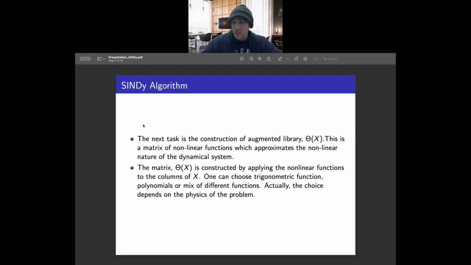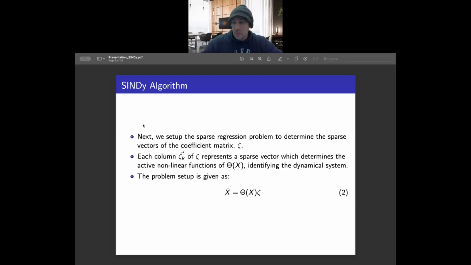Once you have decided the library, since we have already constructed x and x dot, we evaluate these nonlinear functions that we have in the library. We evaluate all that x on those nonlinear functions. That is the second step.